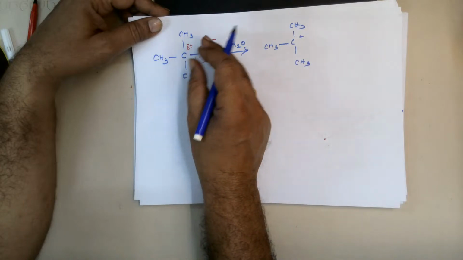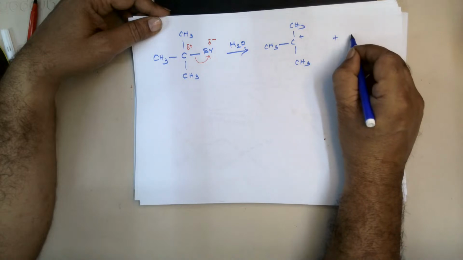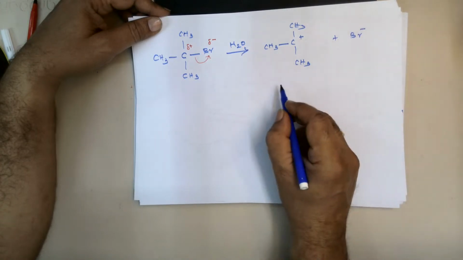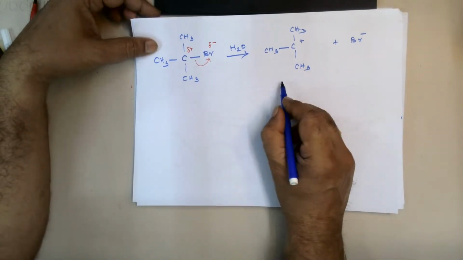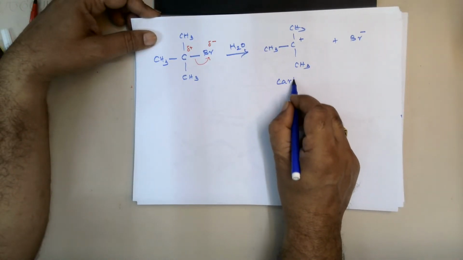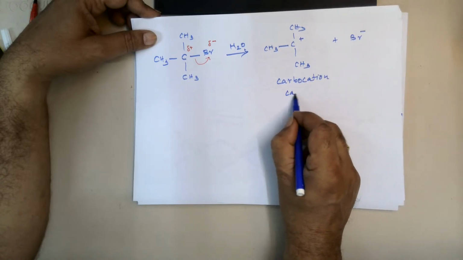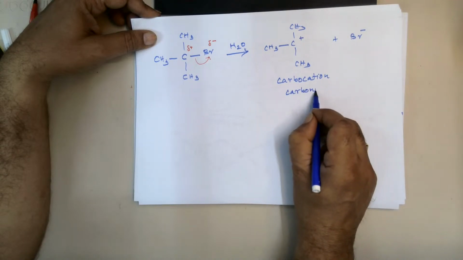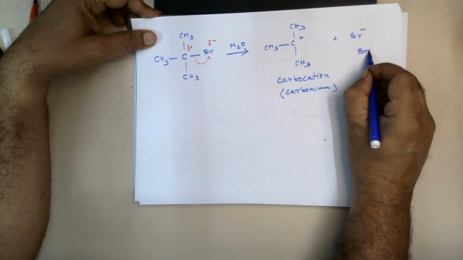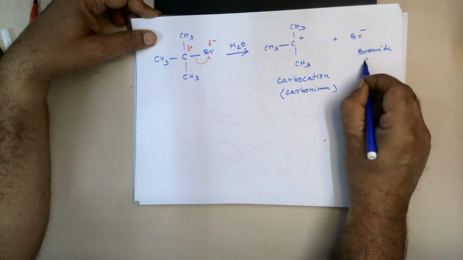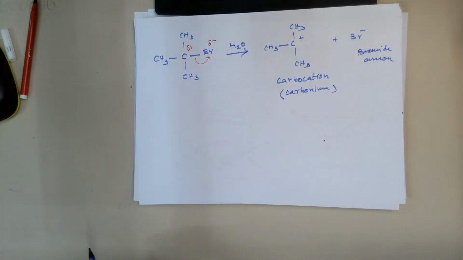This delta plus indicates the partial ionic character. Now it has become the cation, and then Br minus the anion. So this carbon with its positive charge can be called carbocation. This is also known as carbonium ion. It means carbon with positive charge. And this is bromide anion. Do you understand? Bromide anion.